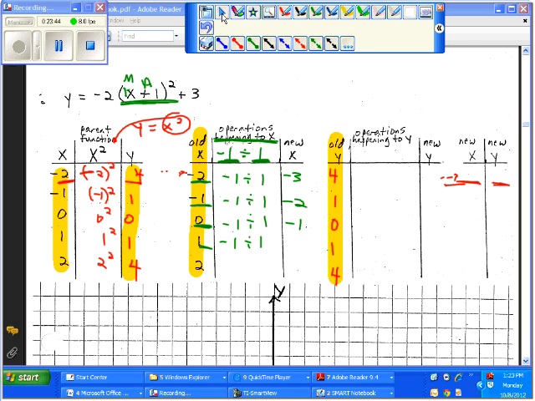What's 0 divided by 1? 0, not undefined, because the 0 is on top, it's 0. 2 minus 1 is 1, divided by 1 is 1. So my x's ended up at -3, -2, -1, 0, 1. These 5 parent function x's ended up being that.